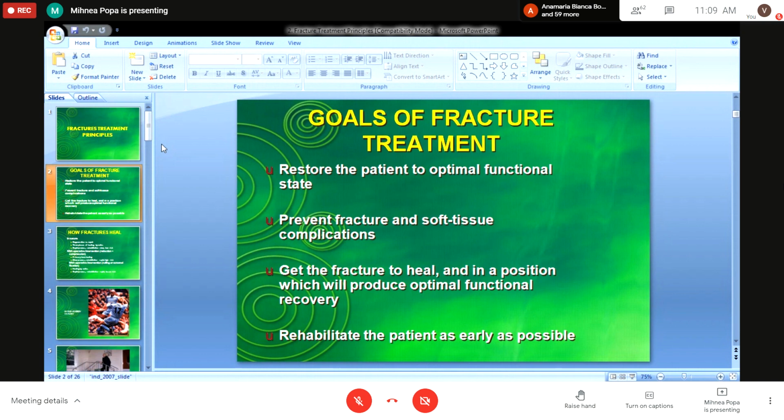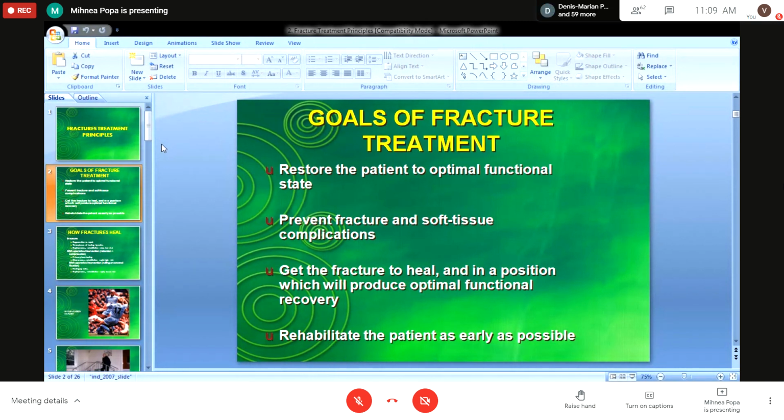As you will see in orthopedic surgery and traumatology, most of our pathologies are treated very fast and very efficiently. We don't give medication for hundreds of years until the patient feels good. The patient comes to us and he has a fracture in the hip, he can't walk. The next day we operate on him and the next day he will walk. So this is the first thing, we have to restore an optimal functional state.